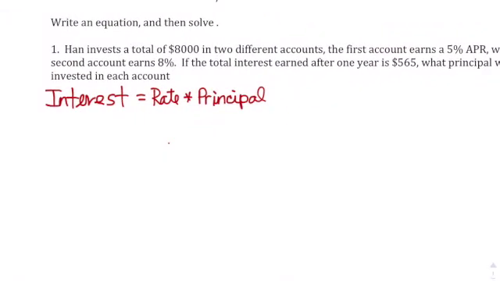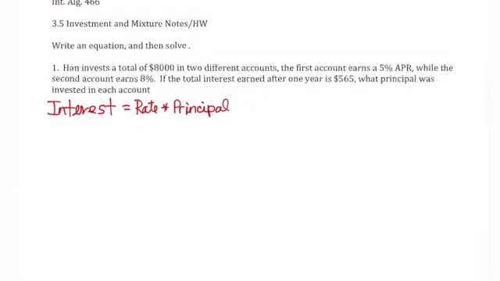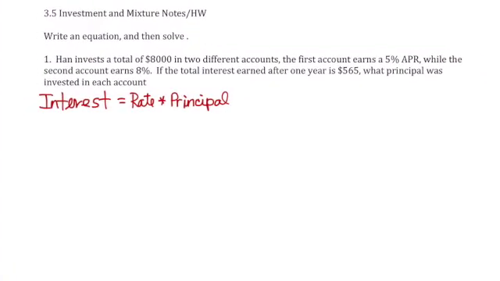So we need to decide how much money we have and what is the rate. Now the problem is we have two of them, and we have an investment of $8,000 in both of them. So in this case, really, it's like $8,000 we're splitting into two parts. One of them, I'm going to call it the X, and that is going to be in the 5%.